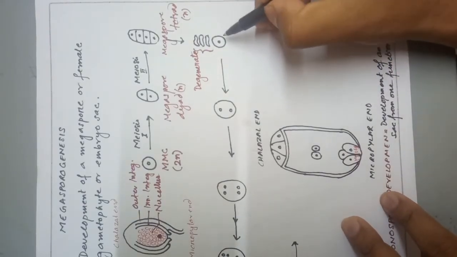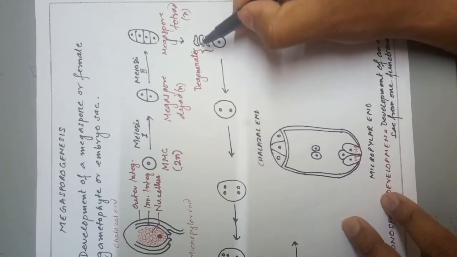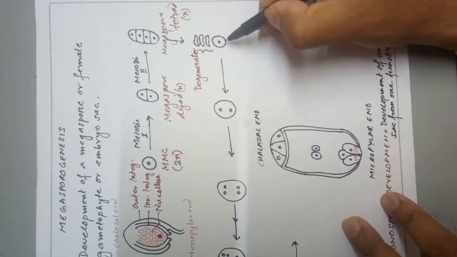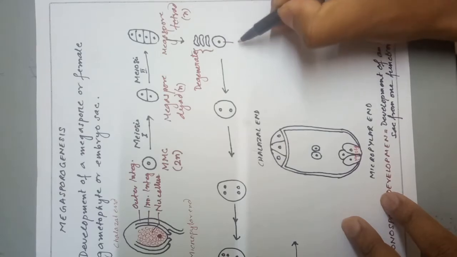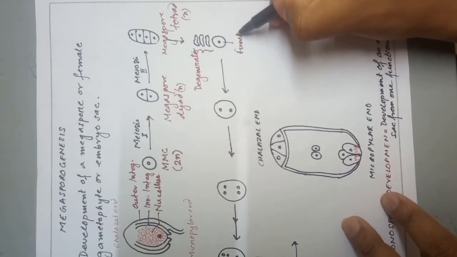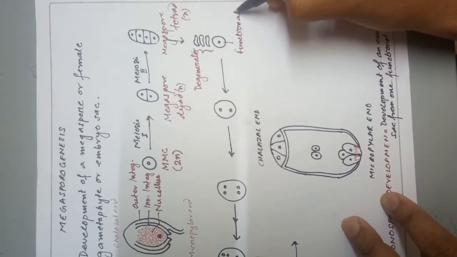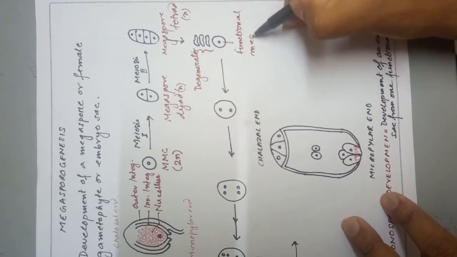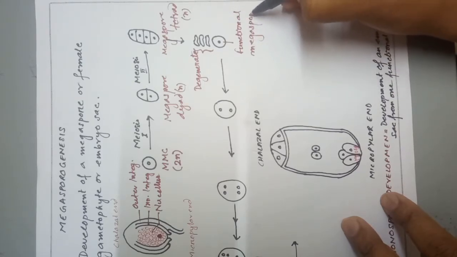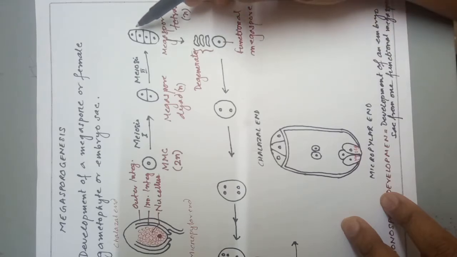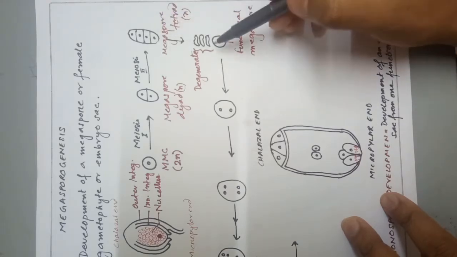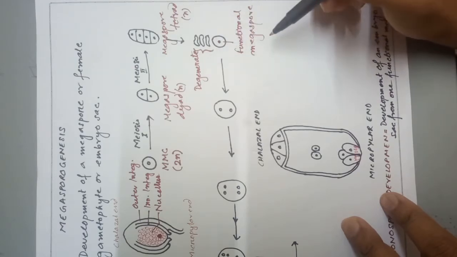And only one megaspore will remain active. I have shown the others as shrunken here, and this is one functional megaspore. So from the four megaspores, three got degenerated, and one megaspore is functional.